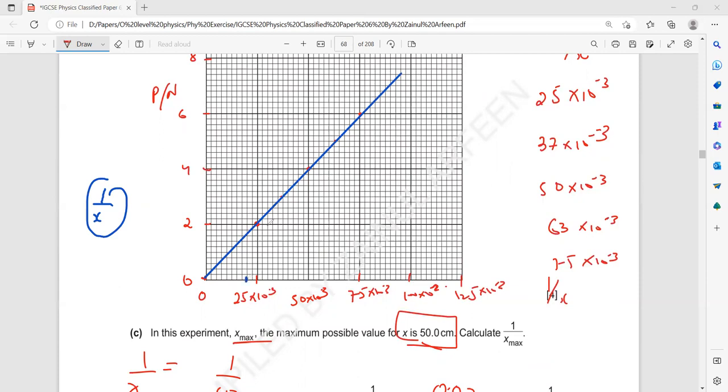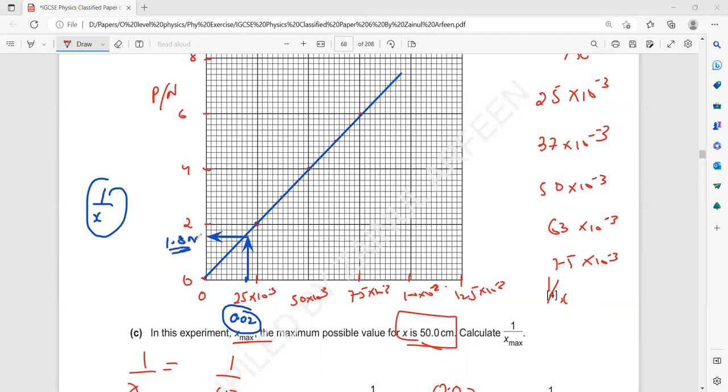So this is 20 exponent minus 3, which is also 0.02. So from the minimum value of 1 over X, we will determine the minimum value of P, which according to our graph is 1.8 Newton.